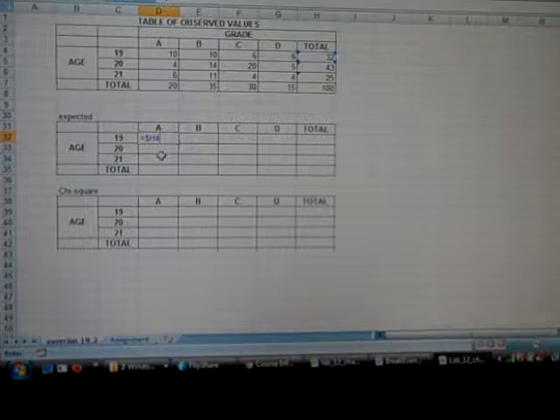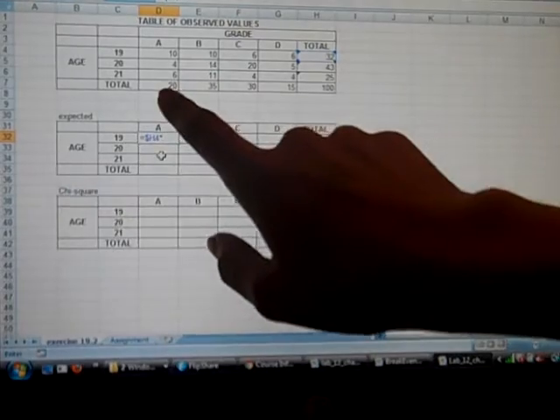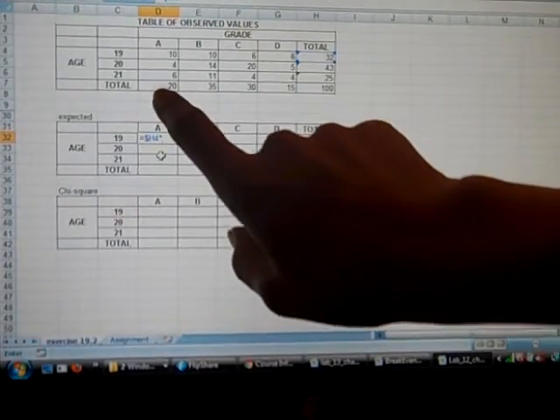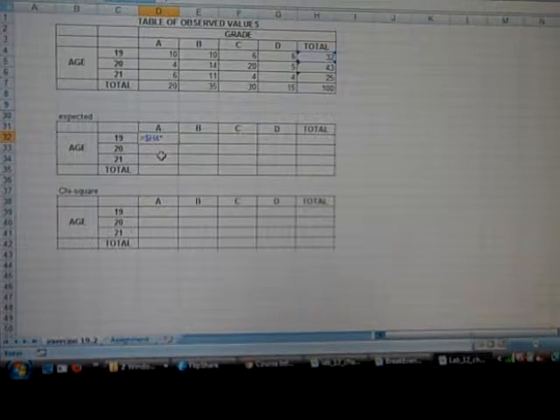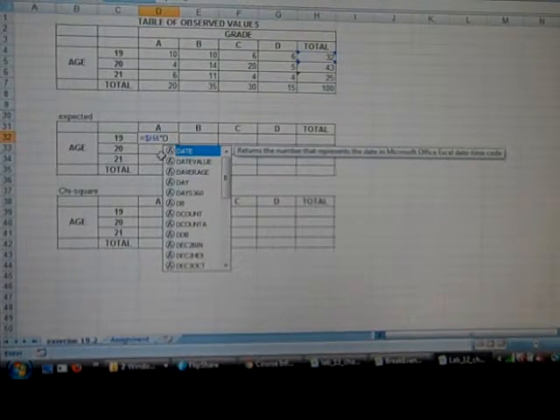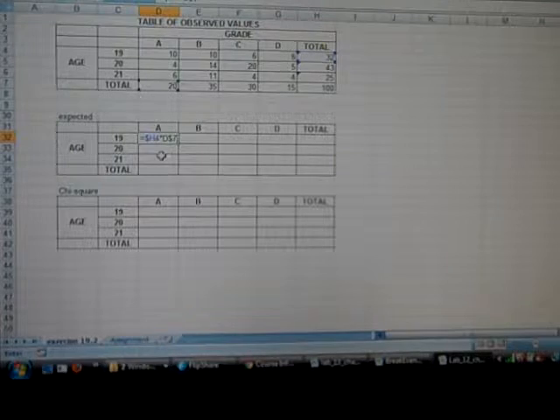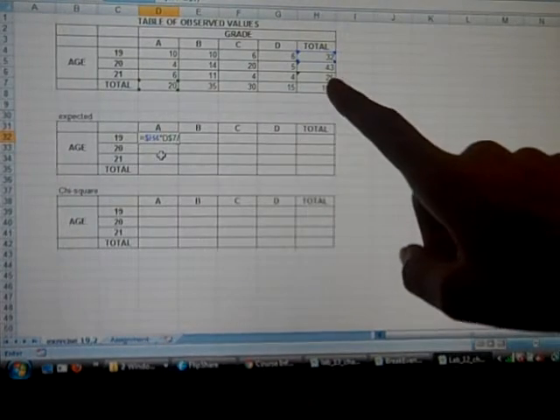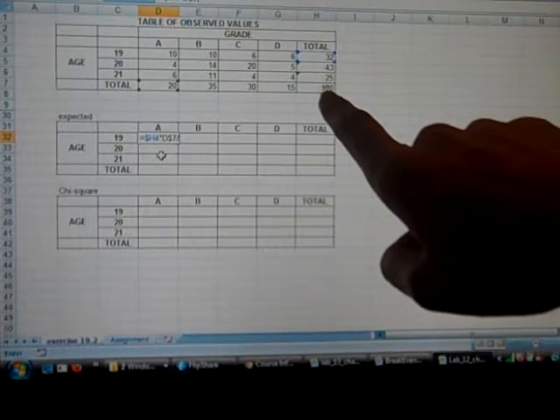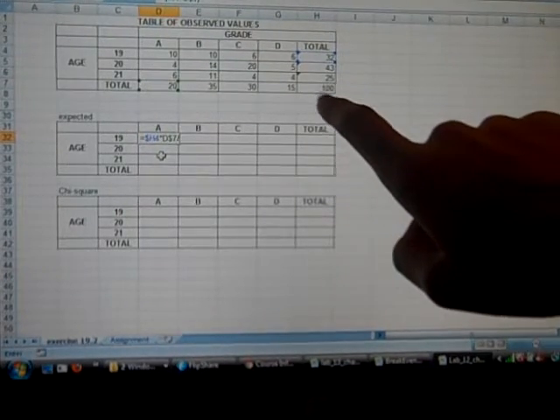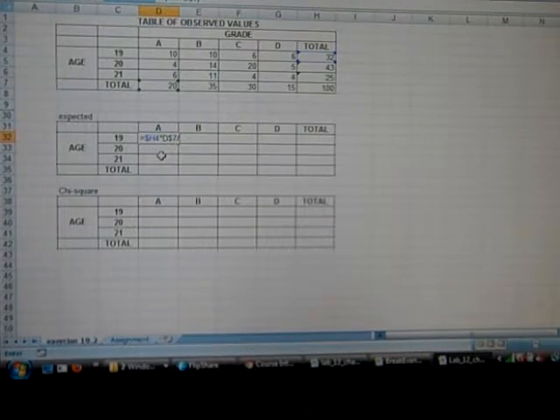And then you're going to multiply by the left bottom corner total, and that's going to be your D7, and you're going to want to freeze just the number here. And then you divide by the bottom right total, which will be H7, and you're going to want to freeze that entire value here.